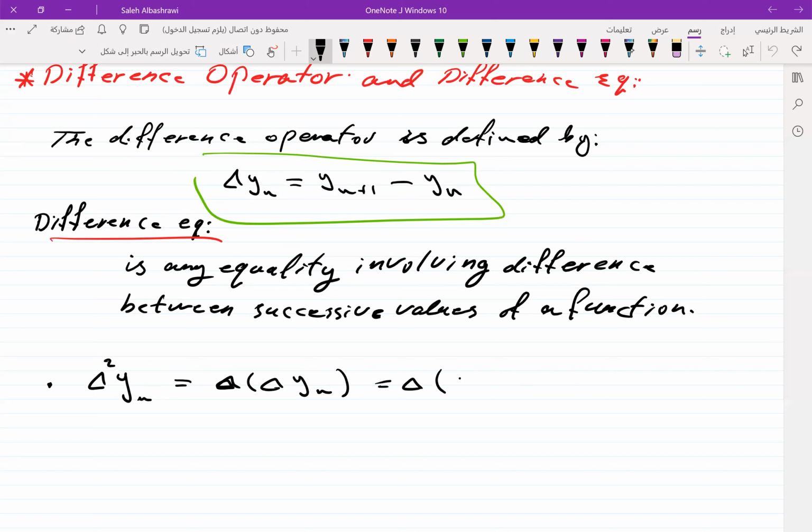From the definition, it is y n plus 1 minus y sub n. By the distribution property, this will be delta of y n plus 1 minus delta of y sub n.